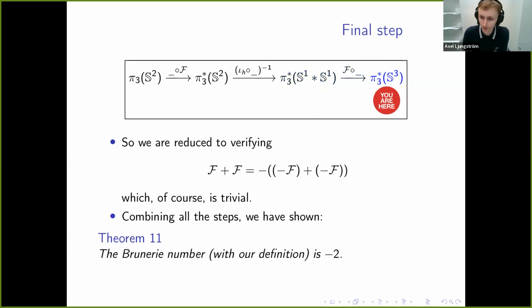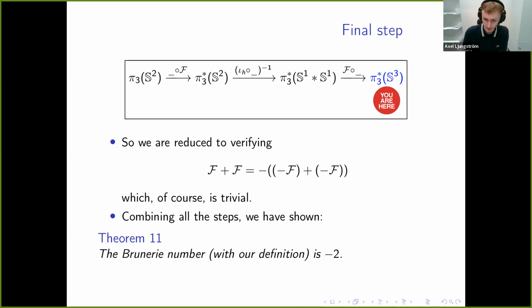And now we're kind of done, because we are reduced to verifying. We show that the left-hand side maps to F plus F, and that the right-hand side, G, maps to this guy, now with a minus sign in front. Obviously, the minuses cancel out, and we're done. So if we combine all the things we've done here, we've shown that n equals -2 did solve the problem.